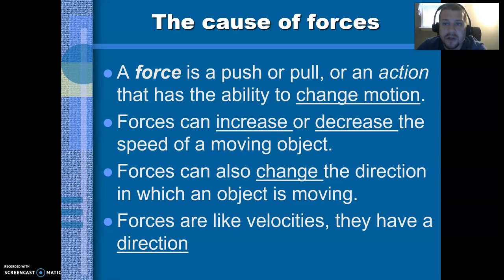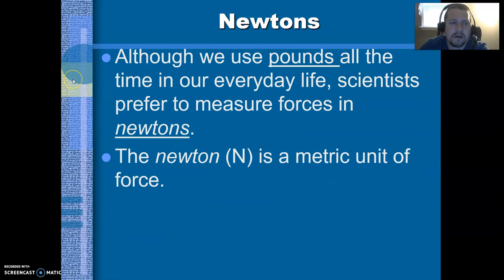Now forces are like velocities. They have directions, and we'll see that come into play in the free body diagrams you guys will be making a little bit later. And in physics, we prefer to use metric units, but in English we use pounds to measure forces.